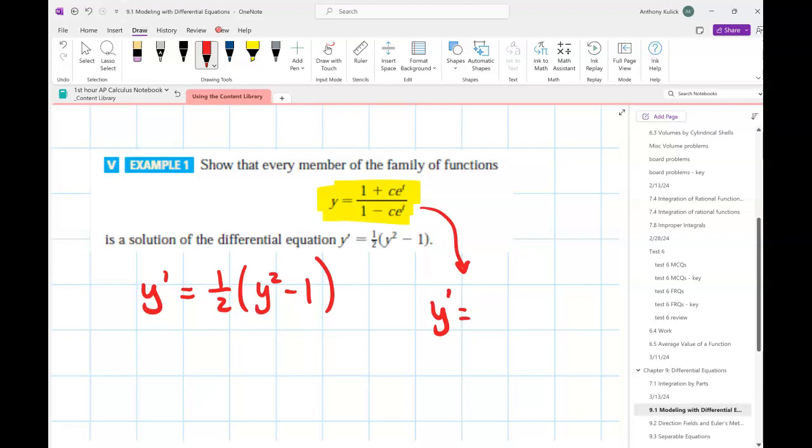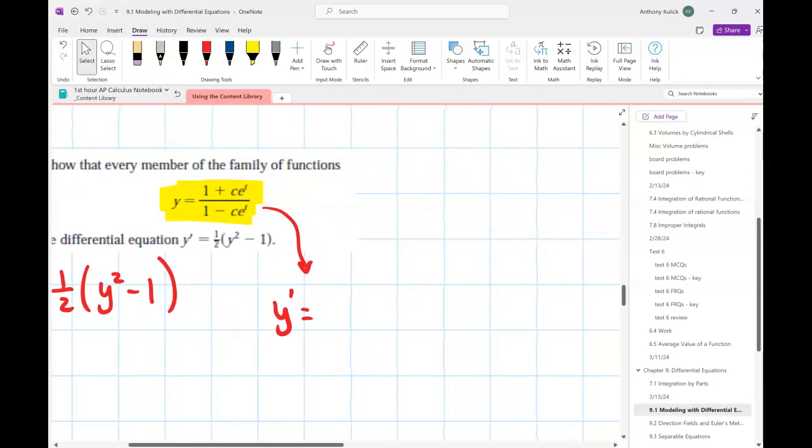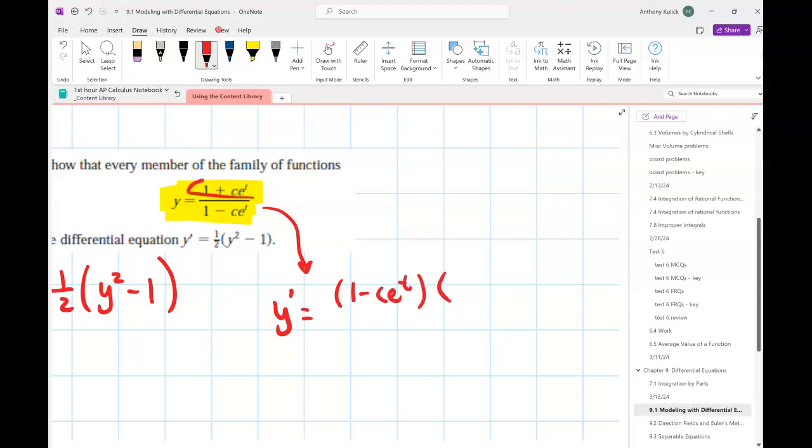What do I need to do to calculate y prime? How do I do the derivative of this? I use the quotient rule. How do I do the quotient rule? It's the bottom times the derivative of the top. What's the derivative of the top?